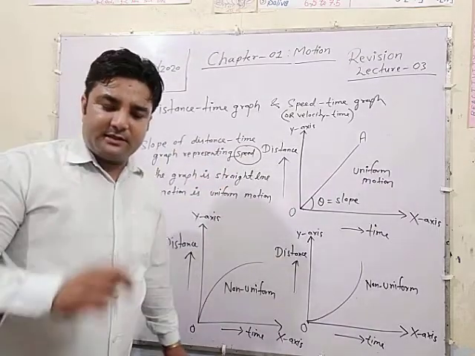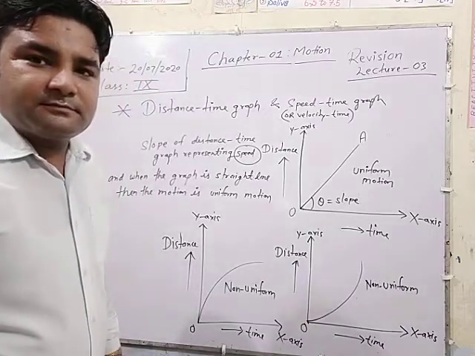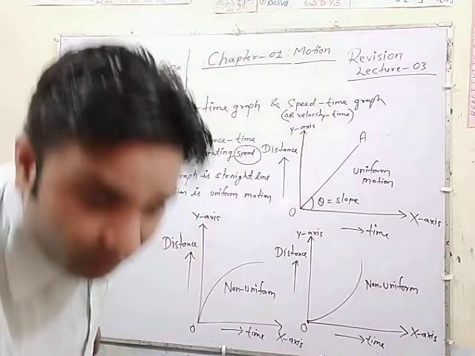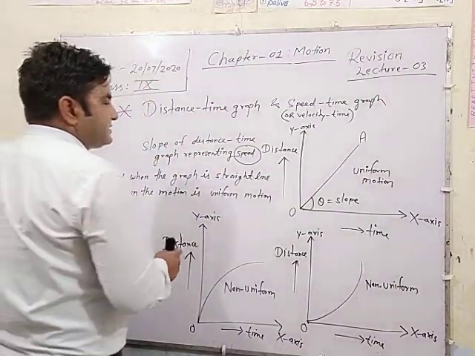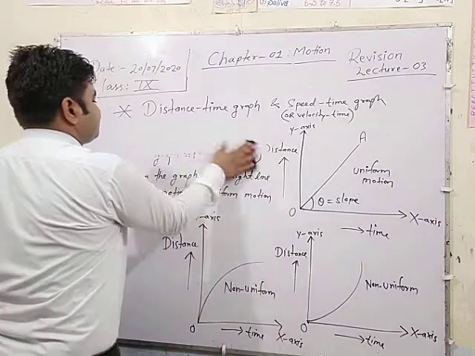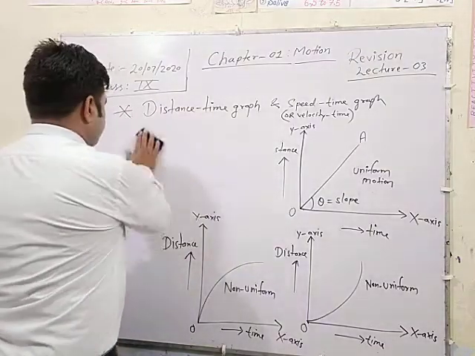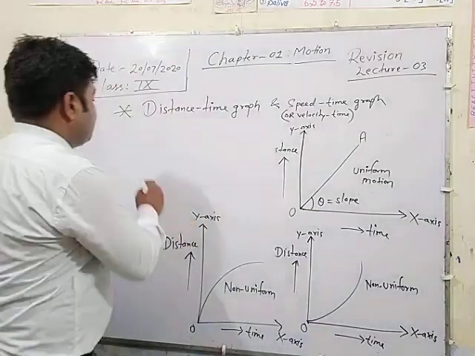And now we take the area under the speed time graph, not the distance time graph. How does the area under the speed time graph represent distance? Just see after this. Very easy concept.